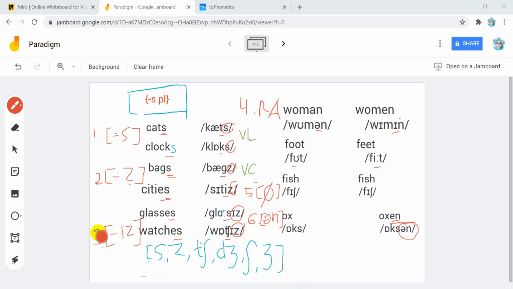Okay, like this. So for S plural, there are 6 paradigms. Let me review it one by one.